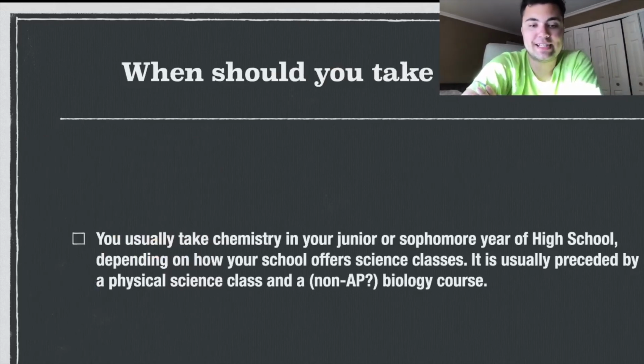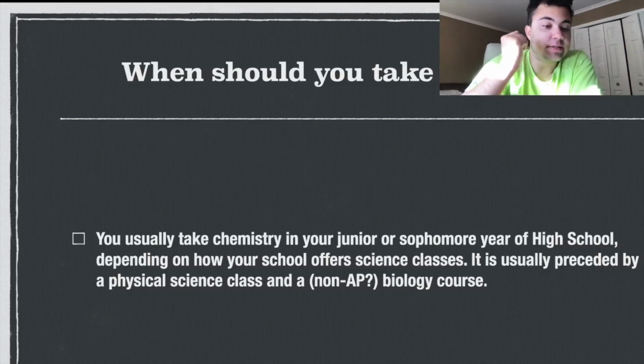Finally, when are you taking chemistry in school? You're probably watching this because you're in a chemistry class. You usually take chemistry in junior or sophomore year of high school, depending on when your school begins to offer science courses and what courses they offer. It's usually preceded by a physical science class, which could be physics or environmental science, and it's usually preceded by a biology course.